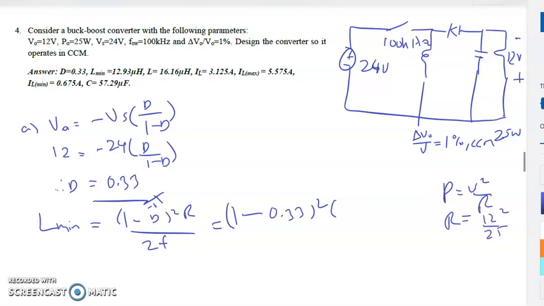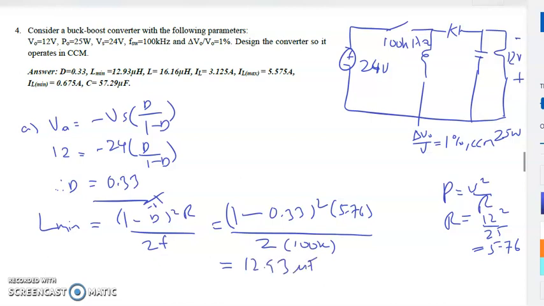The power is 25 watt. 12 squared divided by 25, we have 5.76 ohm of R, divided by 2 times 100K. So we have 12.93 microhenry of inductor value to maintain CCM for this circuit.